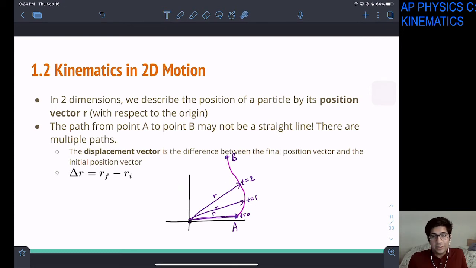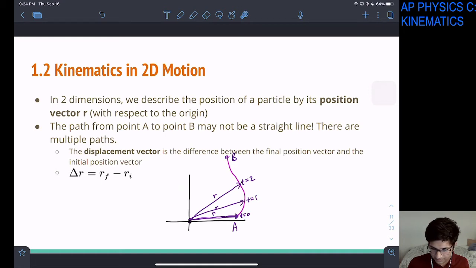When we were looking at 1D constant acceleration, you could only travel in one direction, so it was a straight line. But now in 2D, you can travel in all sorts of directions. The displacement vector is the difference between the final position and our initial position.